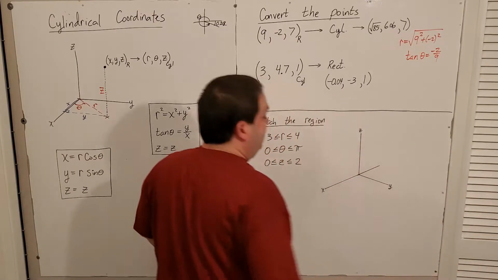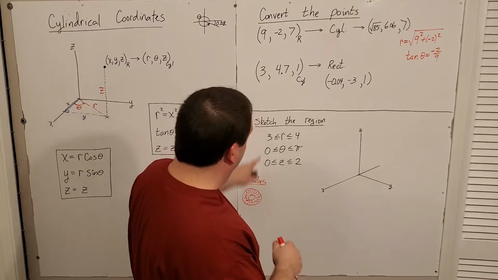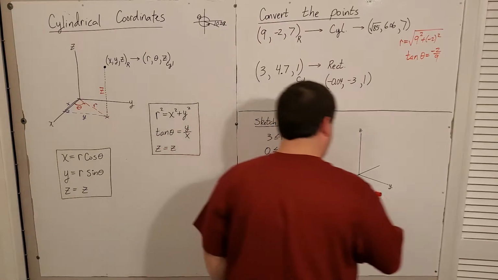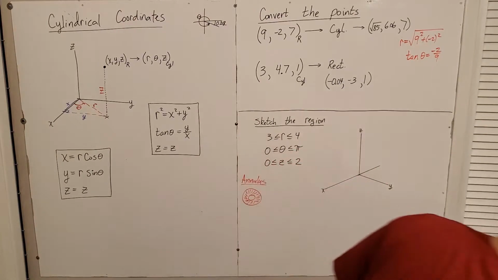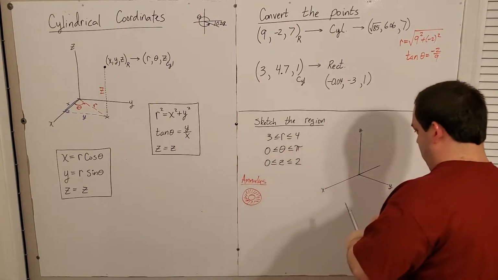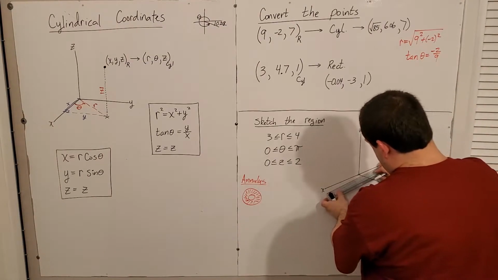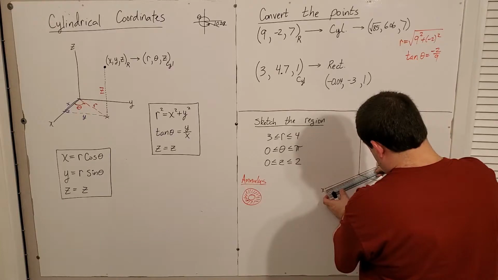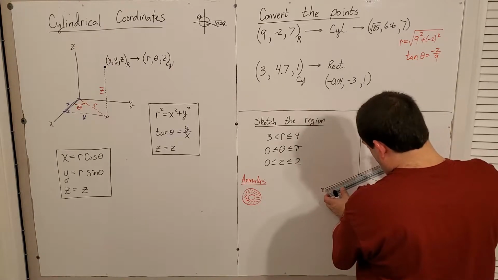Now, let's start with the annulus of my r here, between 3 and 4. Let's measure 3 marks in each direction on an axis that I need.